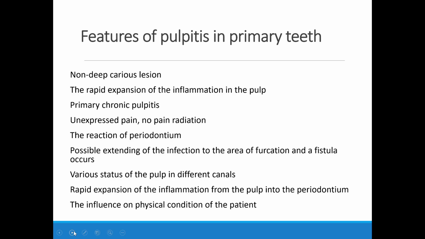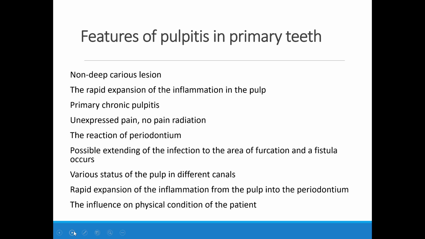So it's very difficult to imagine that a carious lesion in primary teeth can be deep; it is moderate, non-deep. Then there is rapid expansion of the inflammation in the pulp, because the pulp is very reactive. You remember, a lot of cells in the pulp, many vessels, good blood circulation, so inflammation expands very fast.